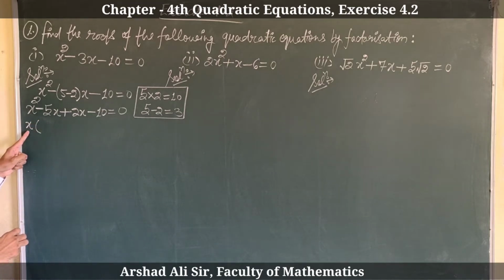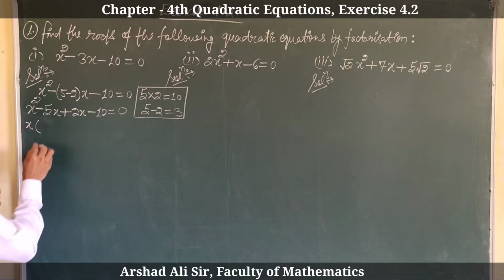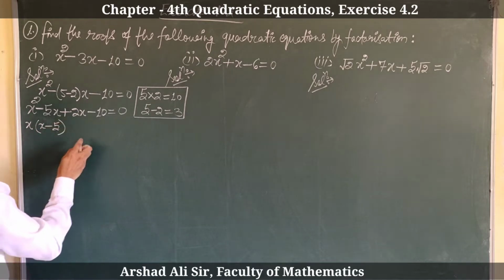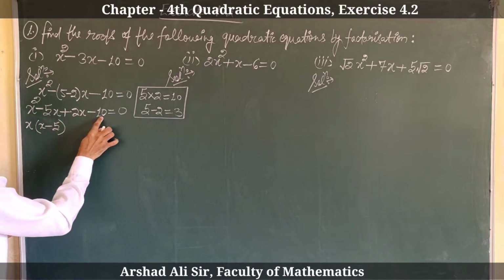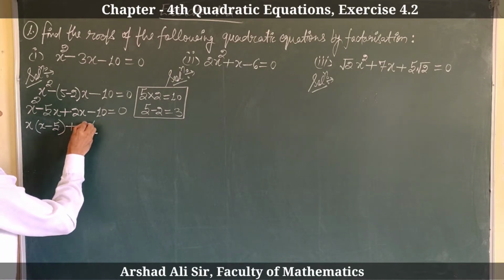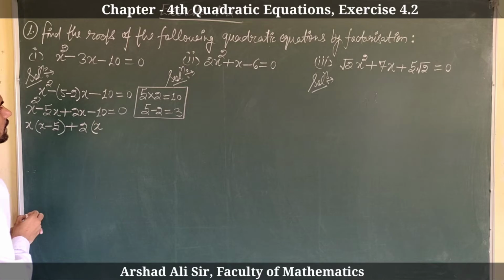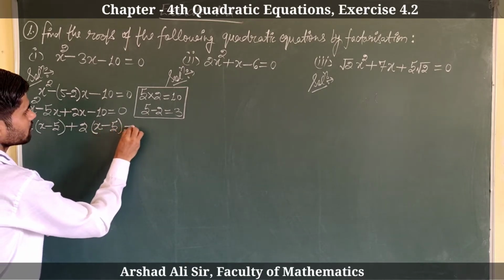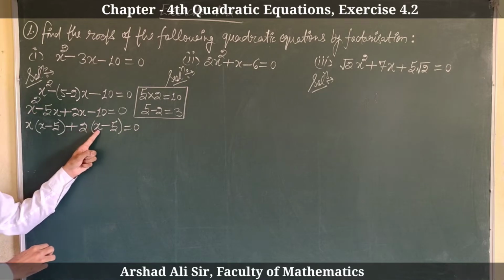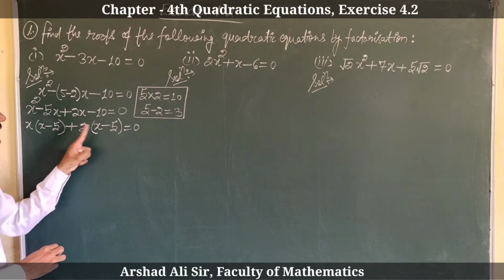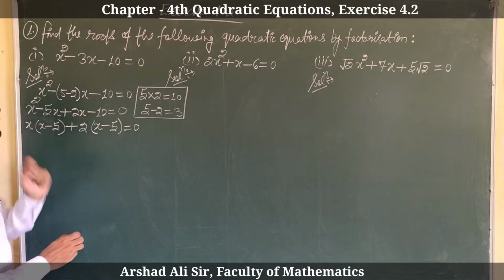After taking x as common, what will remain? x minus 5. Now from these two terms we can take 2 as common. After taking 2 as common, here we get x and here minus 5 is equal to 0. 2 multiply x, 2x, and 2 multiply 5, this will be 10, and positive multiply negative, this will be negative.